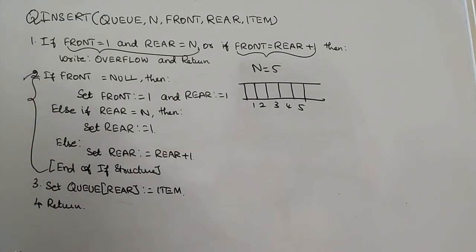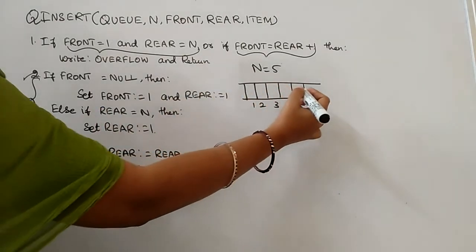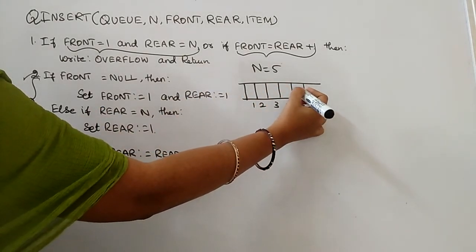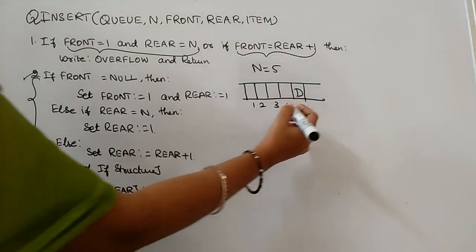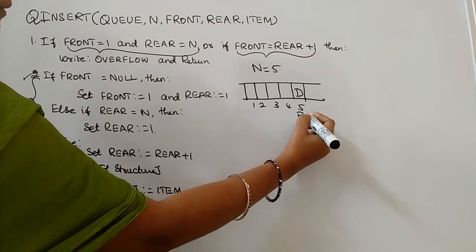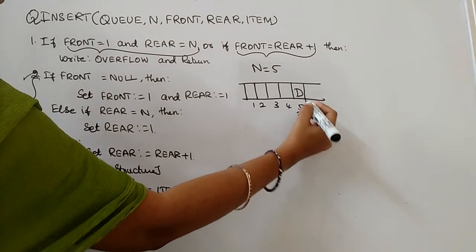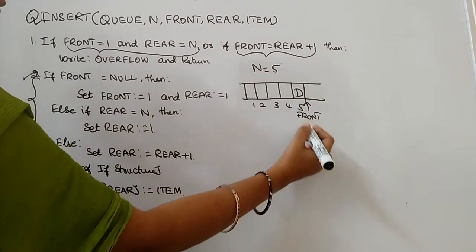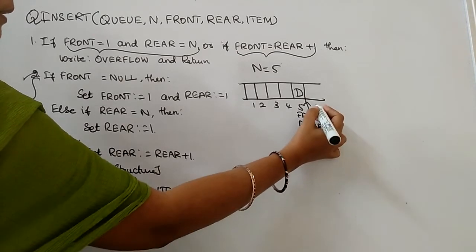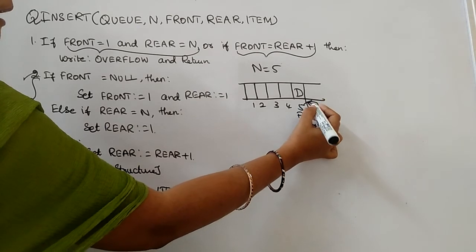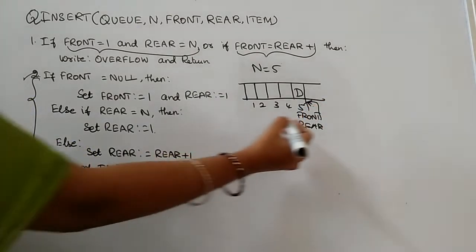Just for an example, if the last space is filled with D, in such a case front is equal to 5 as well as rear is also equal to this same location 5.